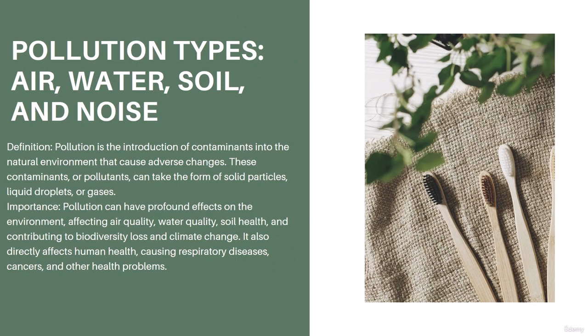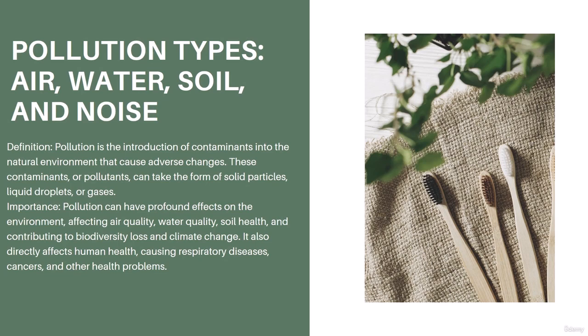You must have also heard about pollution. Pollution is the introduction of contaminants into the natural environment, because of which there is an adverse change. Now, if you go to big metropolitan cities, you won't be able to breathe because everywhere you'll get dust, smoke, harmful chemicals. These chemicals, dust particles and smoke get into your lungs.